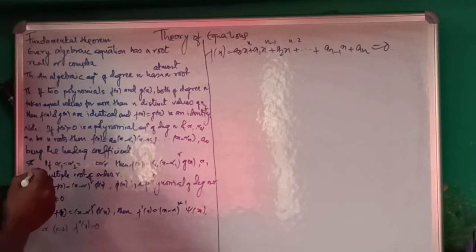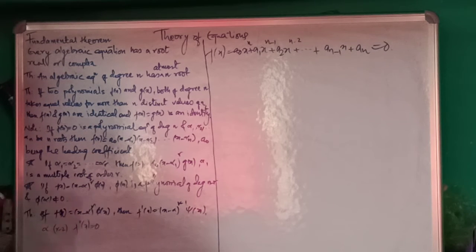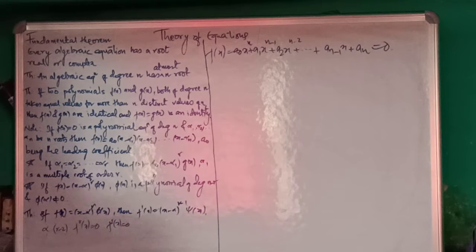And similarly, you can write that alpha is a simple root of f r of x. Here r means the rth derivative. If you do the rth derivative, you get that alpha is the root of the rth derivative of f of x equals 0. This you can do yourself also.